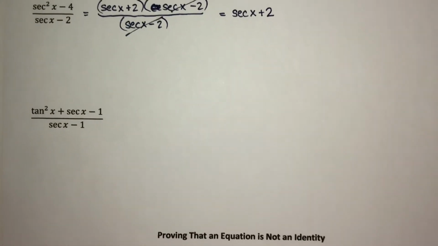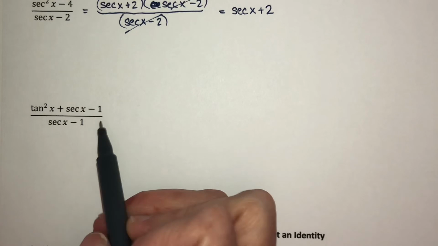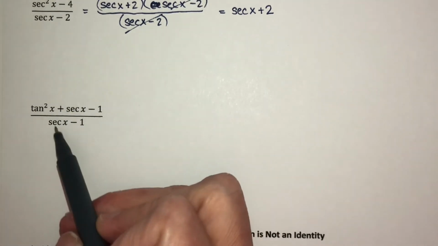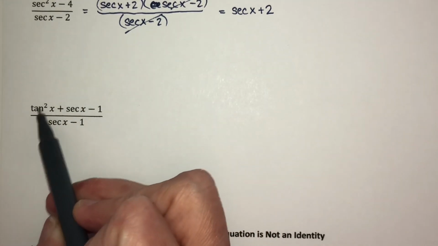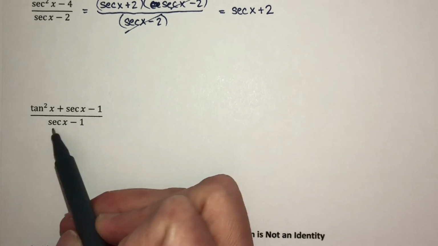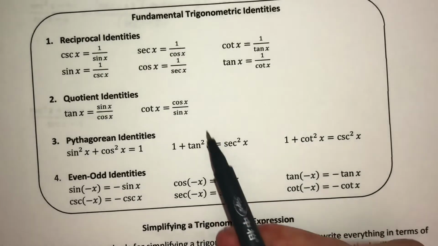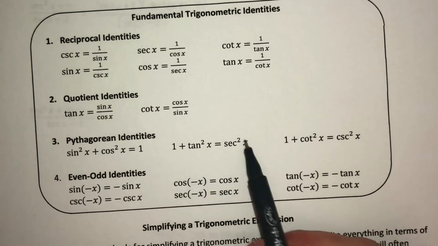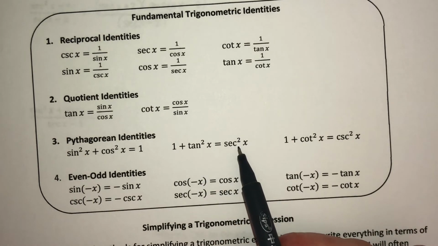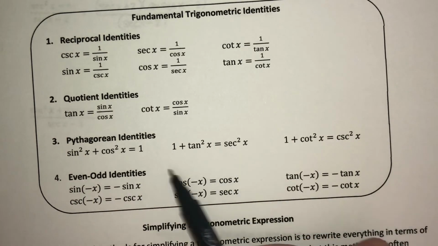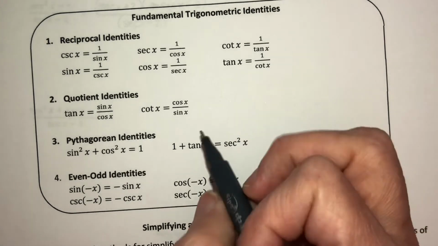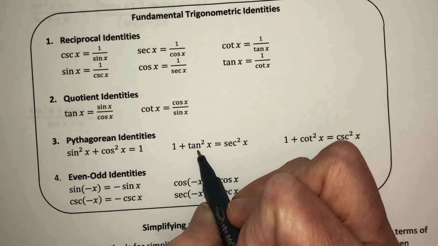Okay. Now let's do this one. I noticed that I have tangent squared and I have secants in here. And I also know that tangent squared can be written in terms of secant, and it will probably be easier if I have only secants in this thing. So what would tangent squared be equal to?